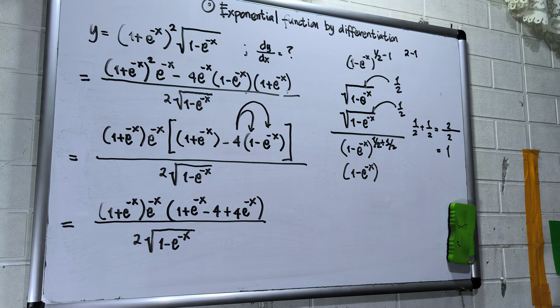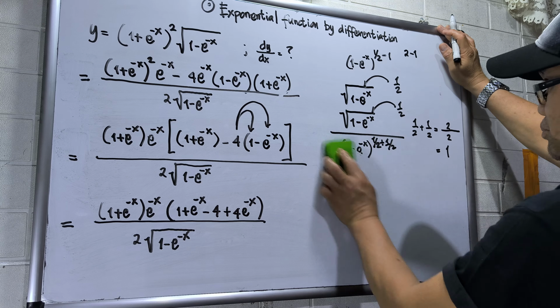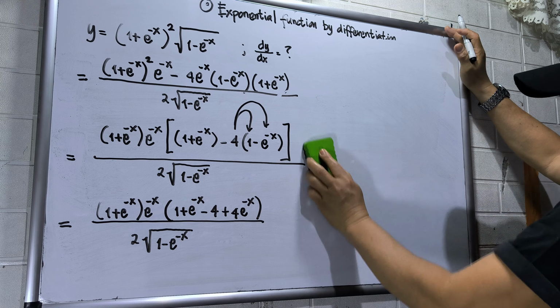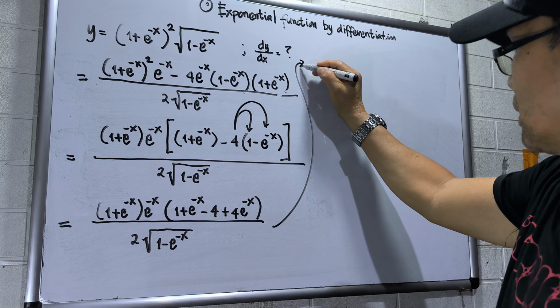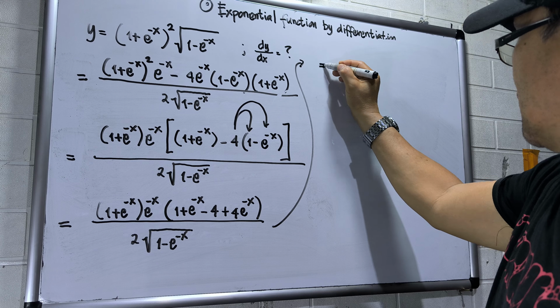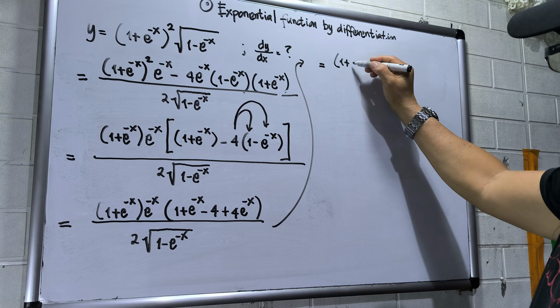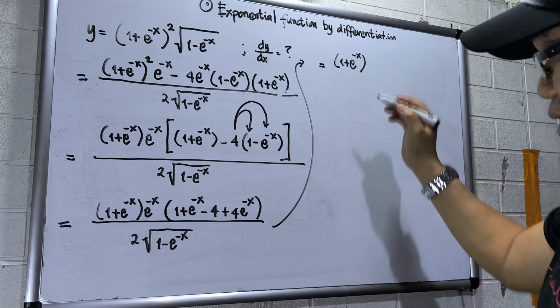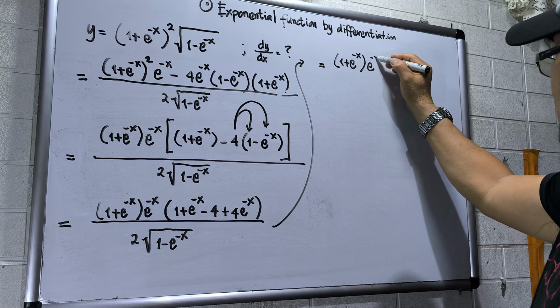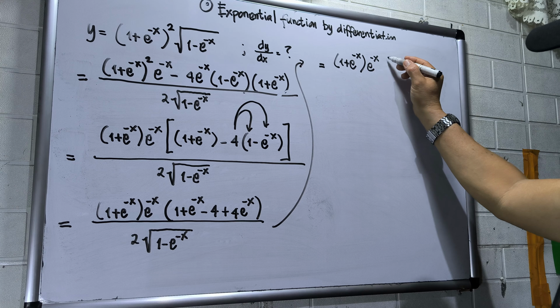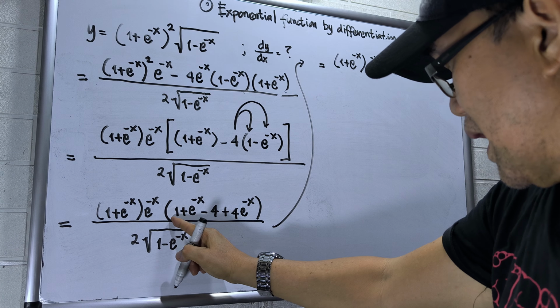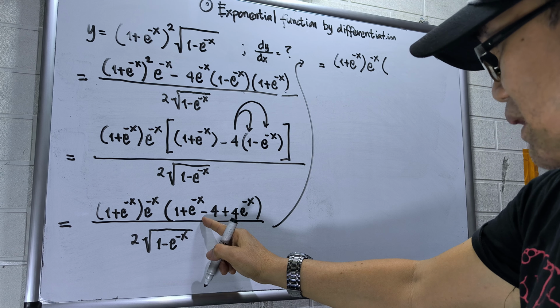Okay? Then combine. Allow me to erase this one. So this will equal circle brackets 1 plus e to the negative x times e to the negative x, circle brackets, 1 minus 4, that will be negative 3.